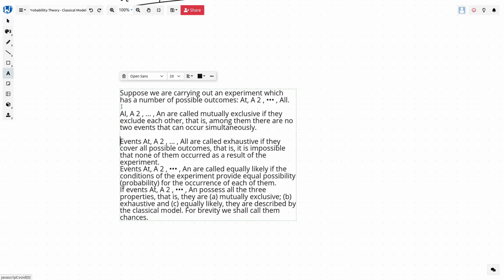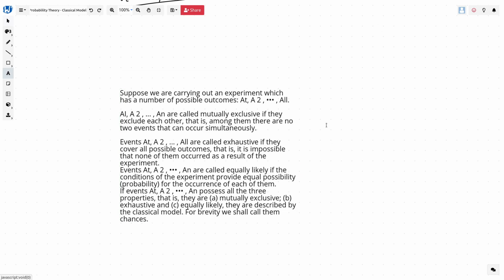For example, when you toss a coin, you either get head or tail. So in this case of tossing a coin, the event A1 is getting head and A2 is getting tail, right?